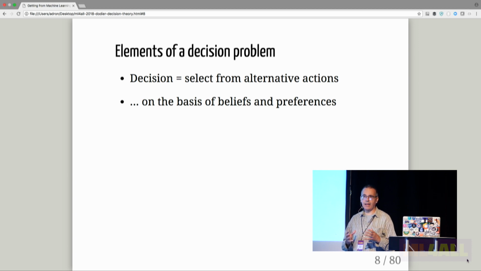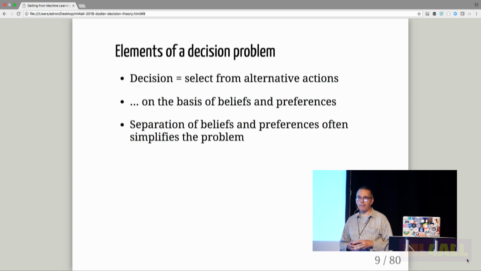Preferences being a measure of how much we prefer or value or like or appreciate different outcomes. And so the problem that we are faced with is that we don't know exactly what's going to happen, and so we have to choose an alternative based on the uncertain beliefs that we have and taking into account our preferences.